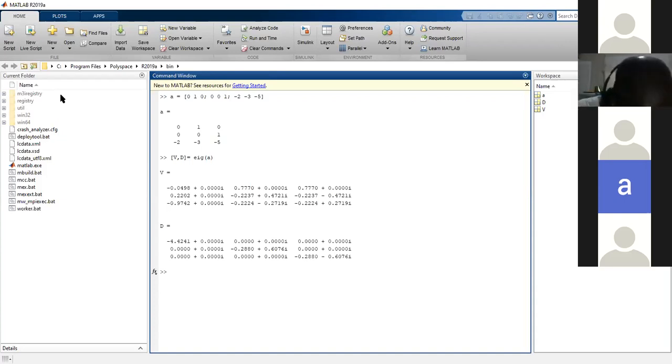So the diagonal matrix. I didn't want that. It was my starting example. All right. So inv V.